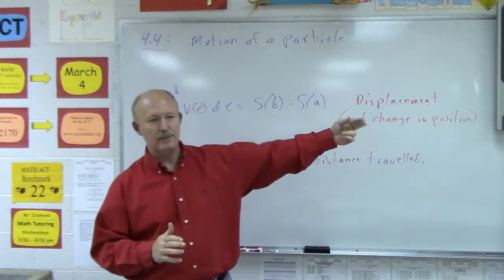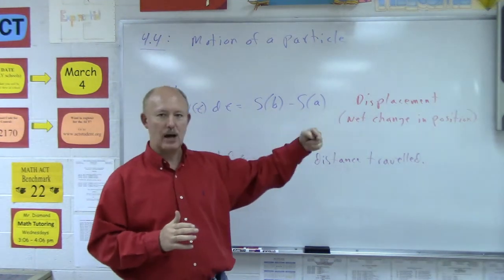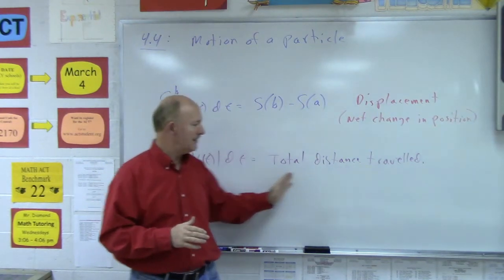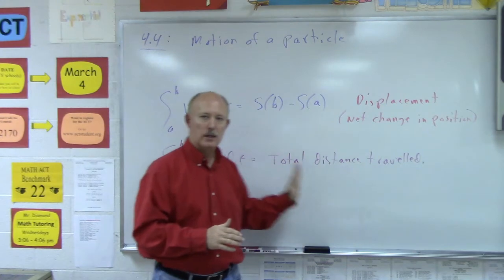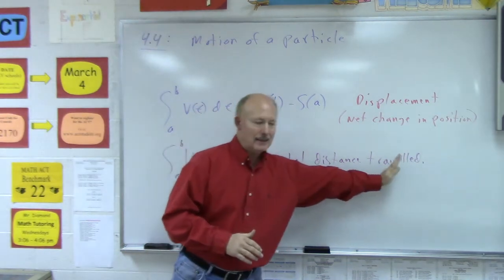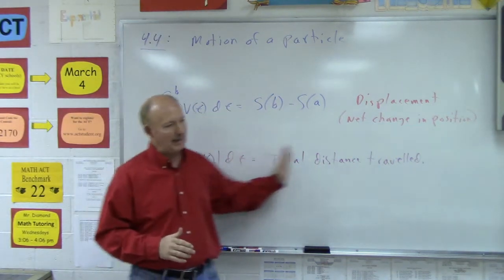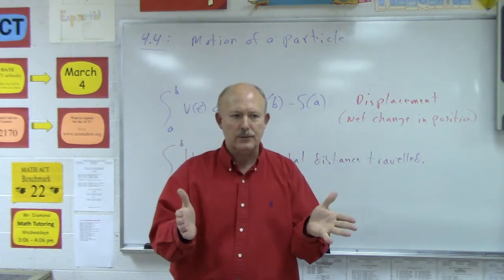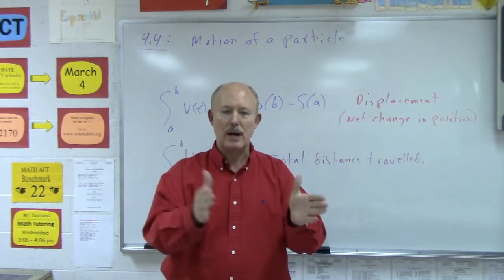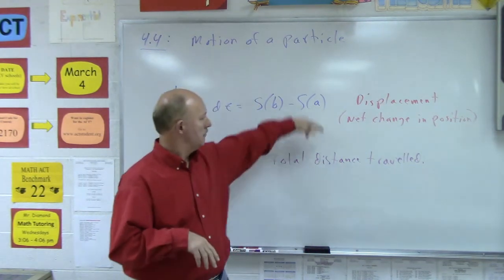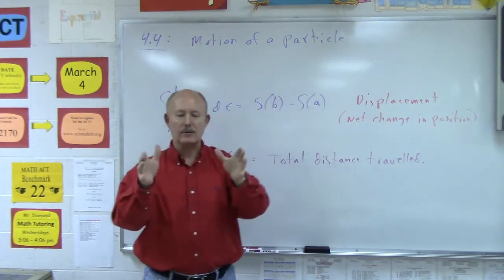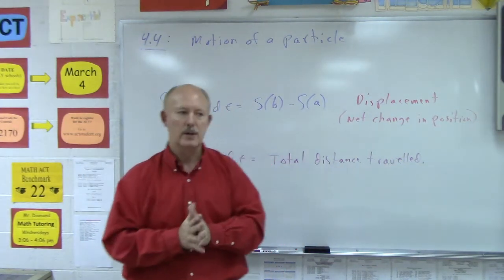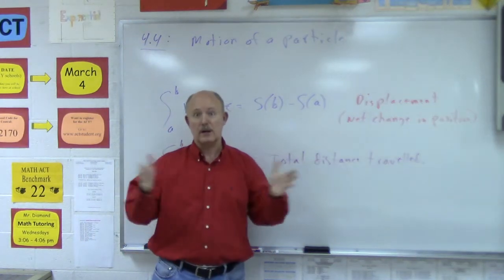It may go to the left, travel back to the right, and then stop, pretty close to where it started. But the total distance traveled may be fairly long, because it went right, back to the left, and back to the right. So the displacement may be very small, but the total distance traveled can be a fairly long way.